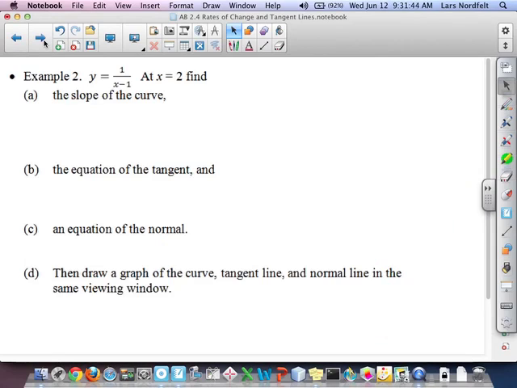Let's consider this function, y equals 1 over x minus 1. You should be able to graph this without a calculator. Can you? Do you know what the graph of 1 over x looks like?